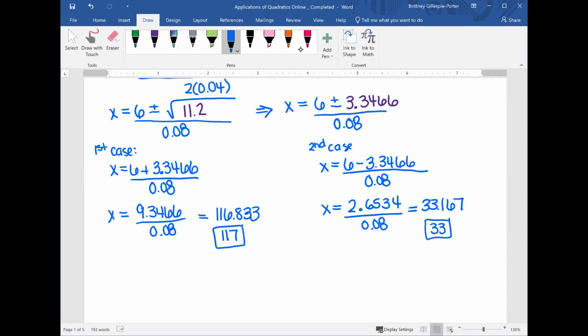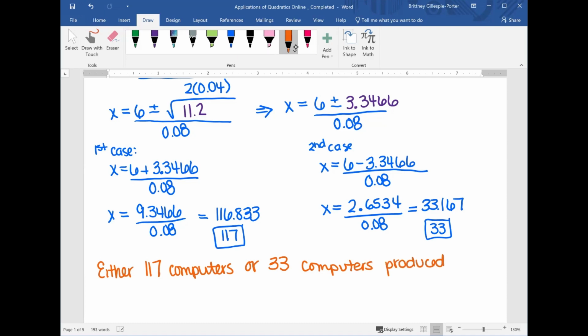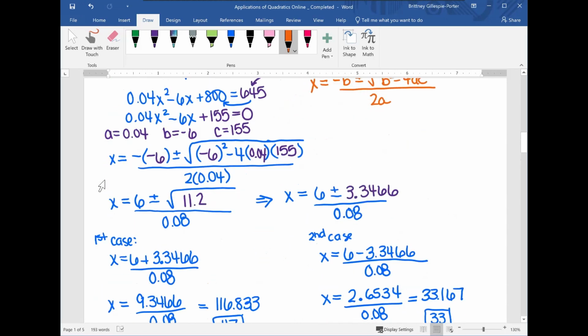So for our sentence for understanding what's going on in this problem, we can say that either 117 computers or 33 computers produced will create a marginal cost of, what was our marginal cost? $6.45.